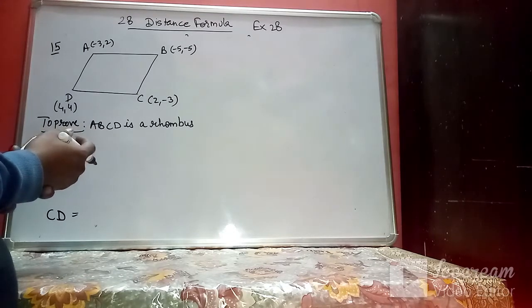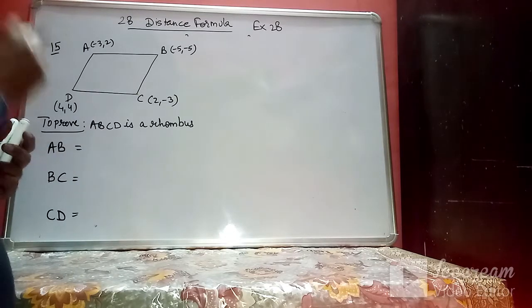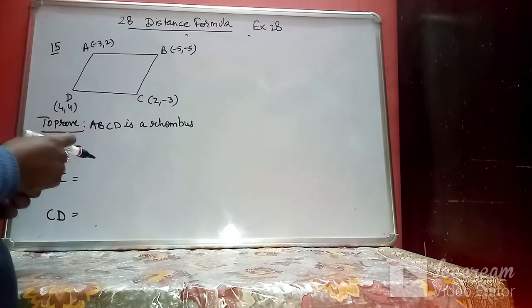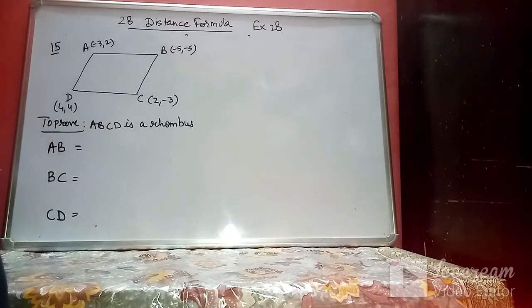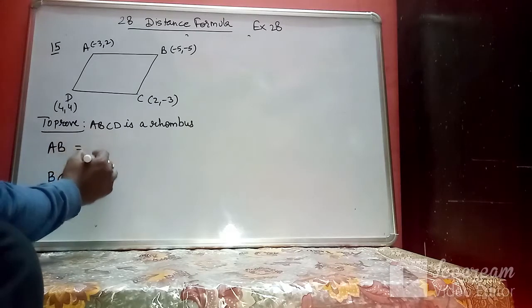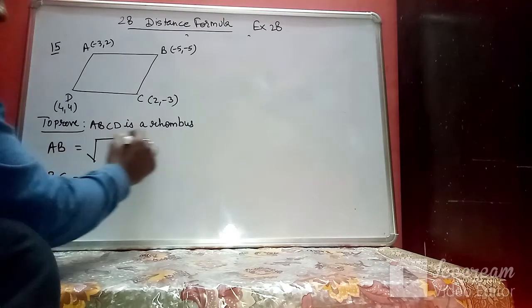So as we have discussed earlier, in order to prove that a certain geometry is a rhombus, we have to prove that all the sides are equal to each other. So first we will calculate the value of all the sides. First we will calculate AB.